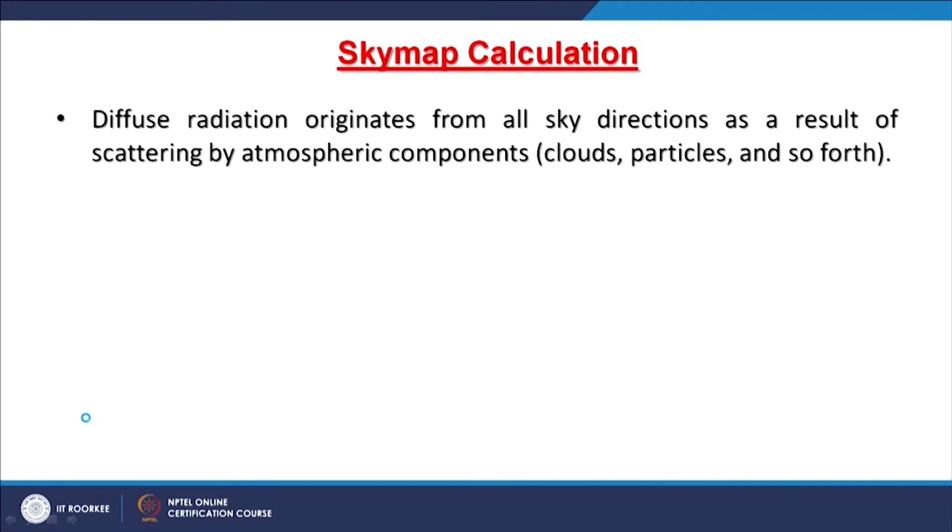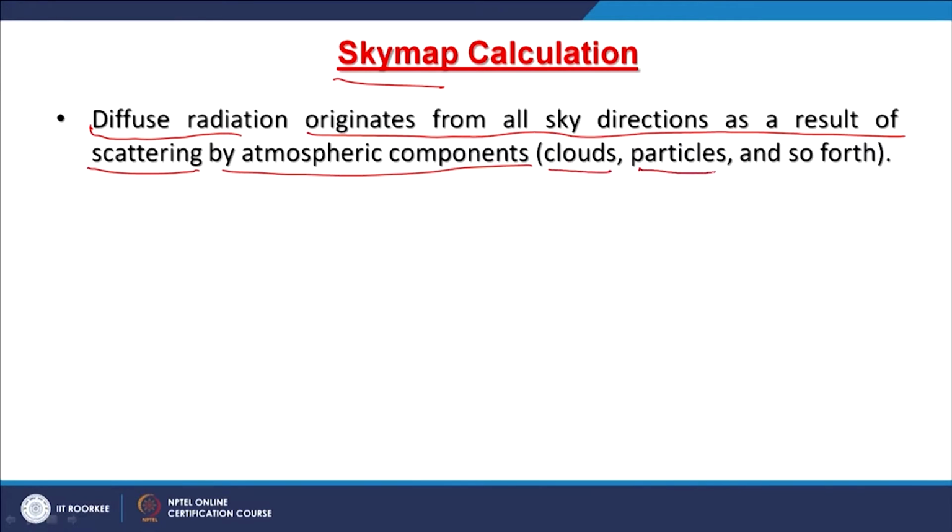Now this sky map, this is the same term which is used in GNSS technology or GPS, that is, how much sky is open. So this diffuse radiation originates from all sky directions, as a result of scattering by the atmospheric components. And these components I have already discussed, like clouds, dust particles, gases or other particles.